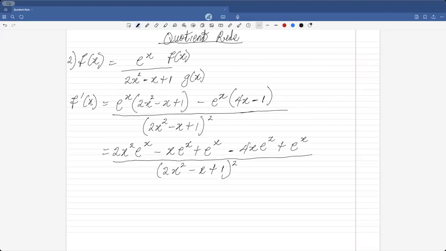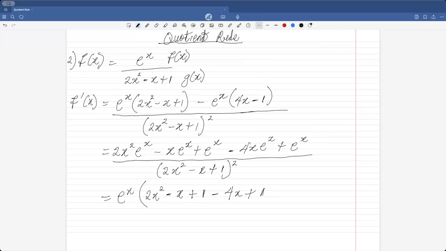So to make things easy for us, we can easily factorize the top, of which we have e to the x outside, open parenthesis, 2x to the power of 2 minus x plus 1 minus 4x plus 1.